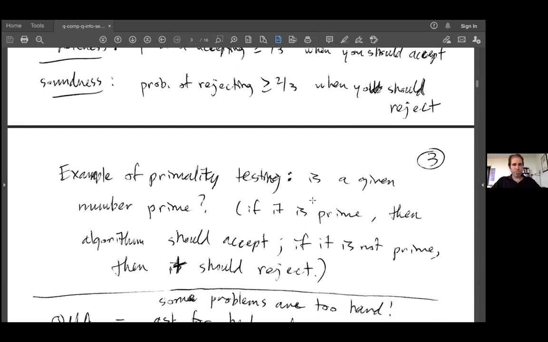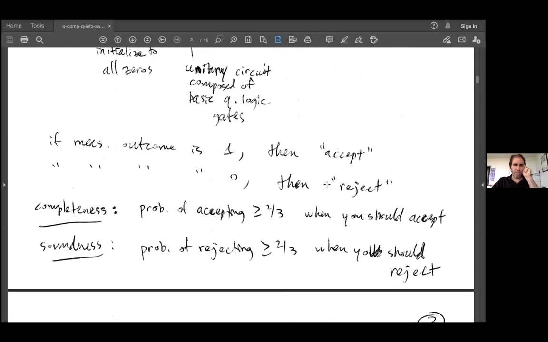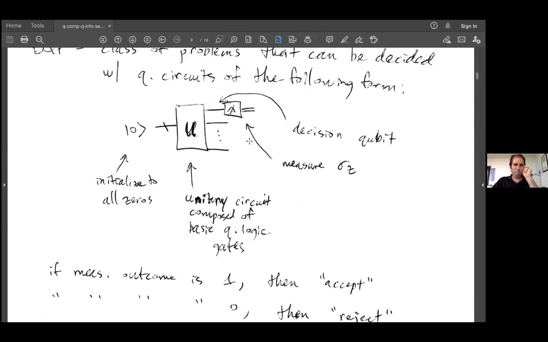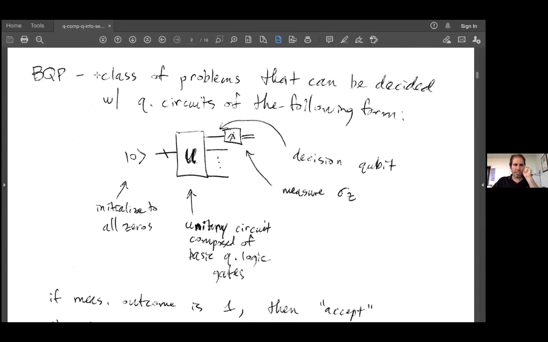Here I'm just reviewing this prime number example. The class of problems that can be decided in BQP are those that we consider realistic quantum computations, that can be done in polynomial time.